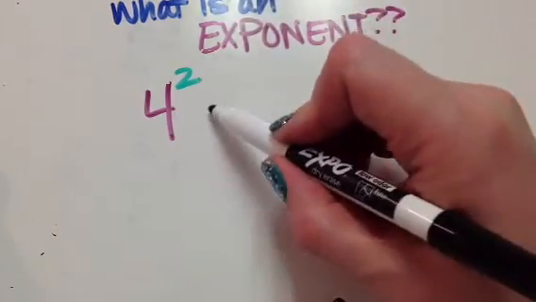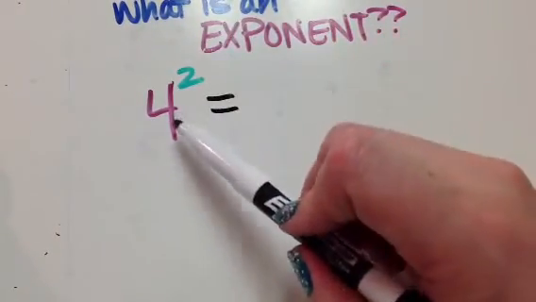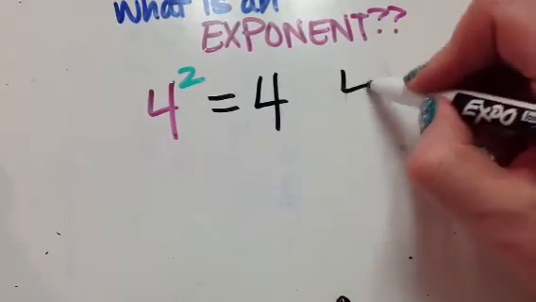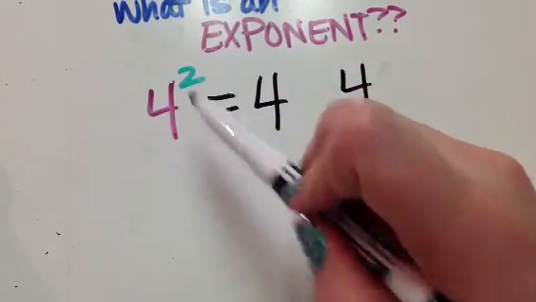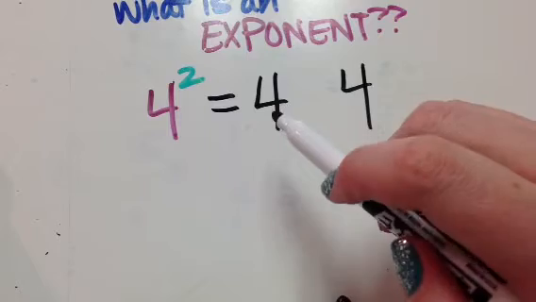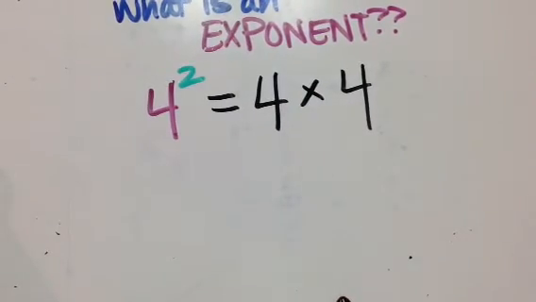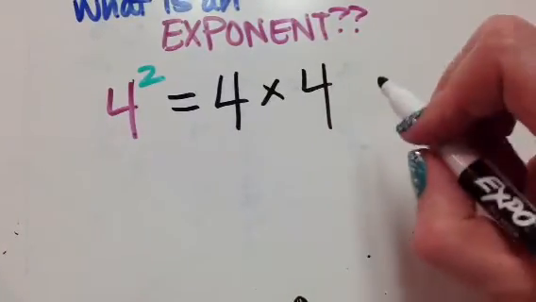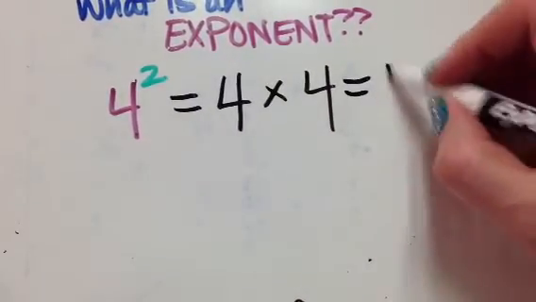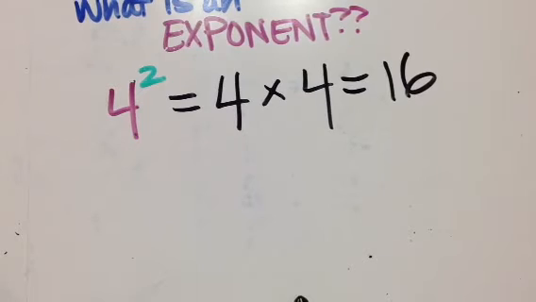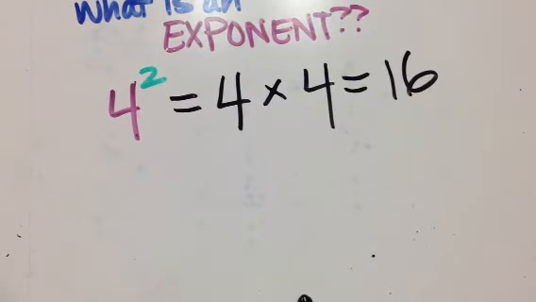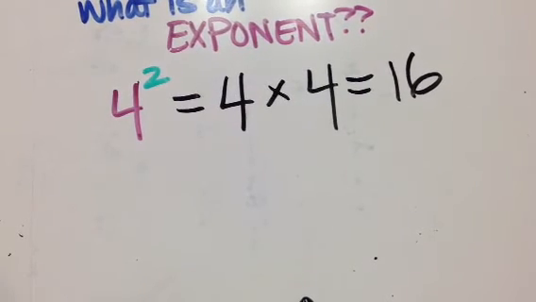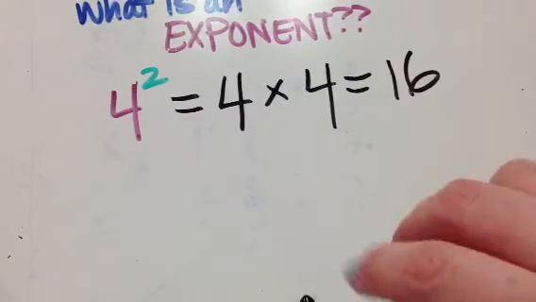What it really means is that I am going to write the number 4 two times, because the exponent says 2, and I'm going to multiply them. That's it. That's all it means. And this is pretty easy to solve. 4 times 4, 16. Ta-da! So even though it sounds weird and algebra-y, it really is just a whole numbers thing.